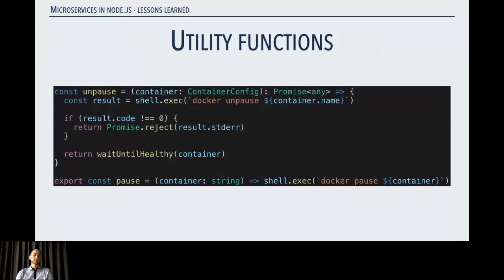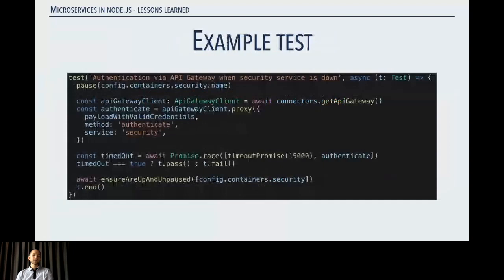So we created some utility functions, and with those functions we can pause or unpause various Docker containers using simply shell exec. And yeah, with those utility functions we can write quite sophisticated tests.